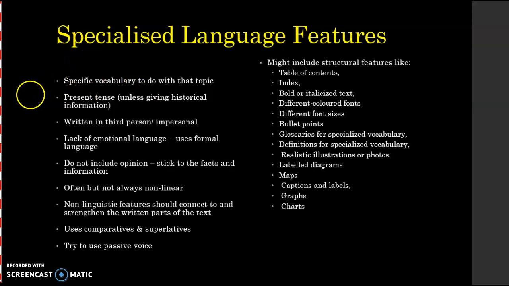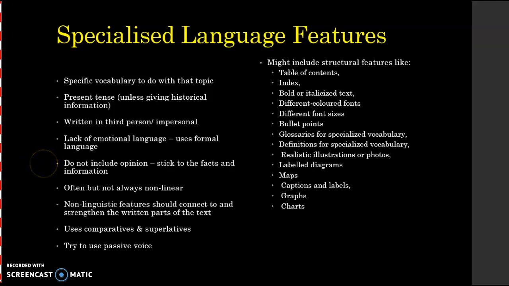They're usually written in the present tense, unless they're giving historical information. They're written in third person, so you want to be impersonal. So avoid personal pronouns. Lack emotional language. If anything, you should try to use more formal language.